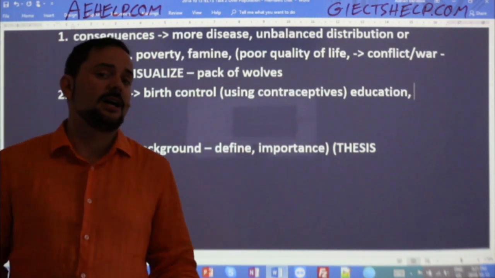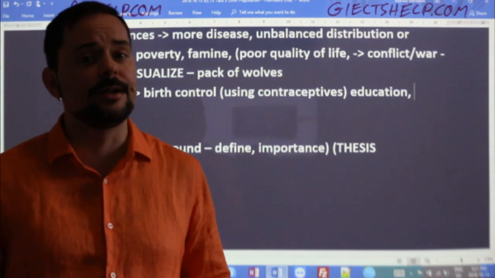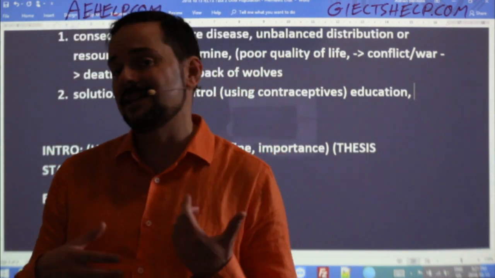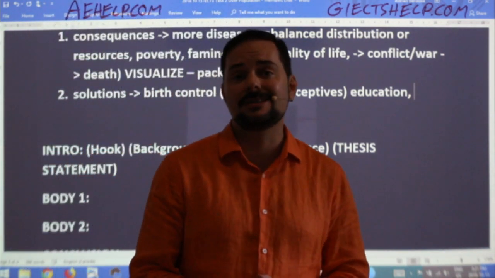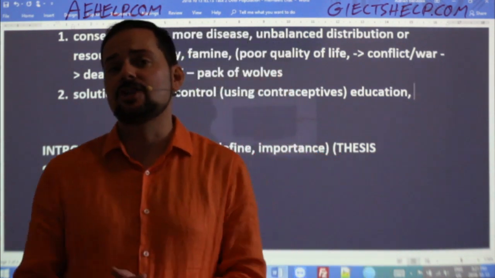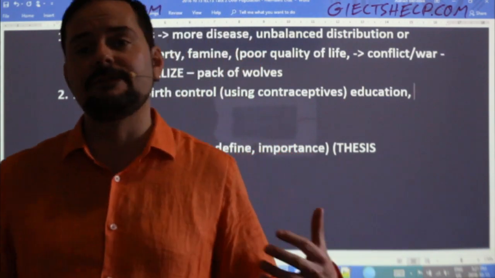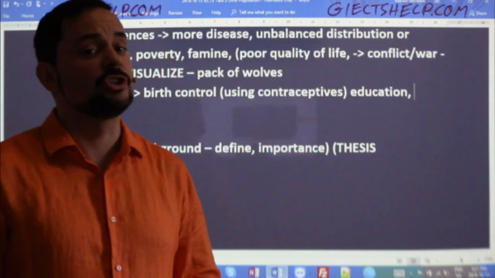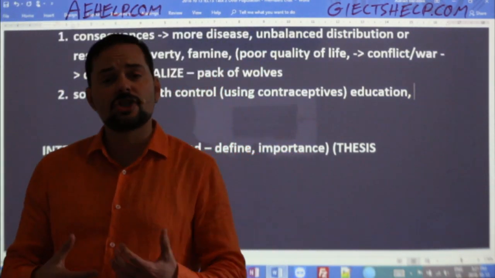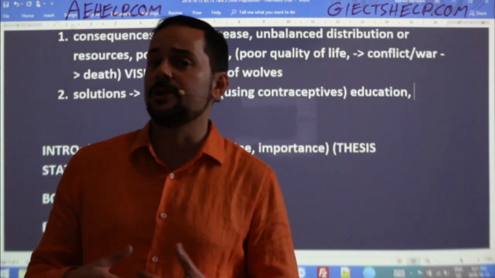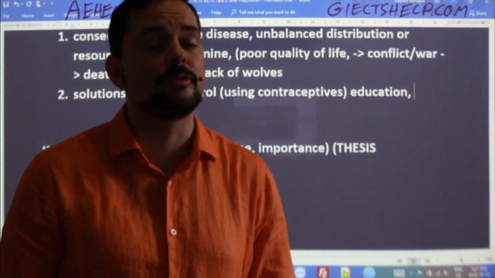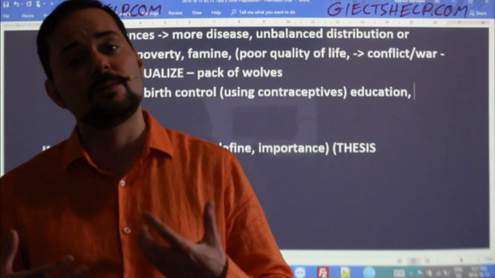If we don't decide for ourselves, nature will decide for us. It might be less suffering if humans decide for themselves and decide to educate each other about the dangers of having large families. If we all have 10 children, the world will be in big trouble very, very quickly. And eventually, a lot of people will die, whether we want it or not, because nature will decide for us, right? That's what nature does.